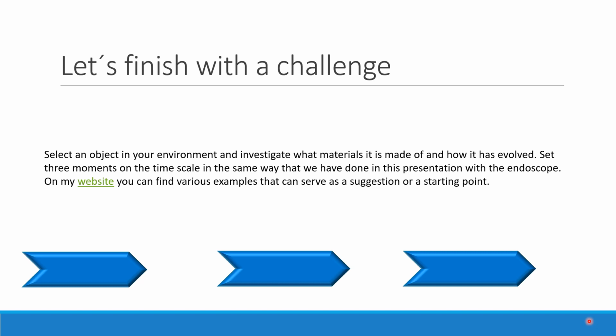So select 3 moments and analyze how are the materials that are involved in the design and fabrication of this object. Don't try to go very deep inside. We will go back to this exercise, so don't worry at this point whether you get a lot of information or not. It's as simple as it sounds.